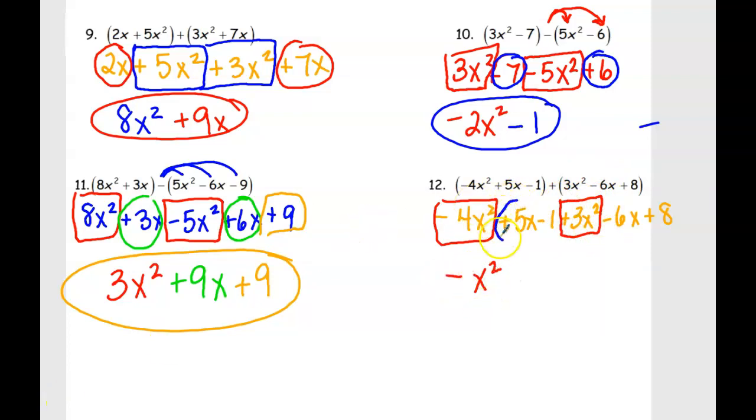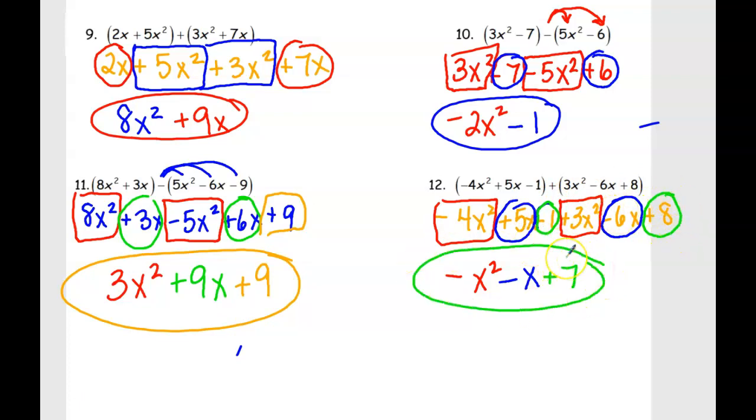I've got a positive 5x minus a 6x would give me a negative x. Okay, and then finally I've got a negative 1. Negative 1 and a positive 8 would give me a positive 7. There's my answer.